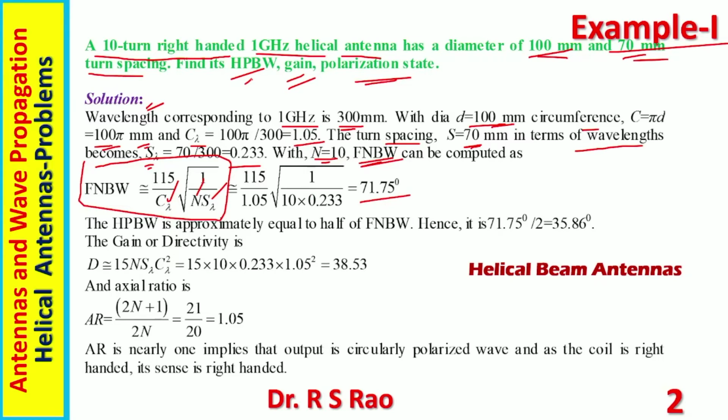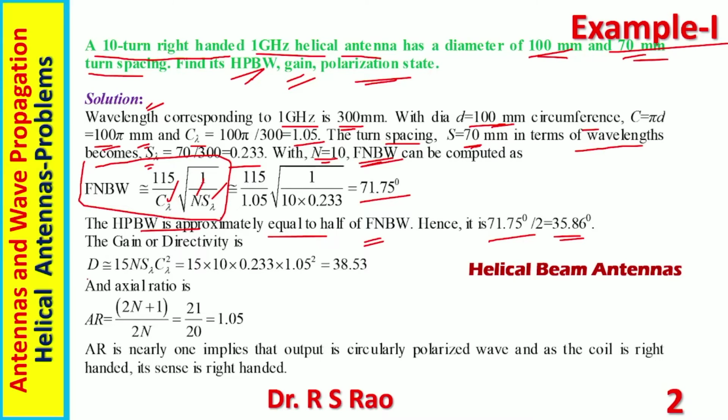We are asked to find half power beamwidth. Half power beamwidth is approximately equal to half of first null beamwidth. Hence, it is 71.75 degrees divided by 2, equal to 35.86 degrees. In the case of helical antennas, as they are low loss systems, gain and directivity are almost the same.